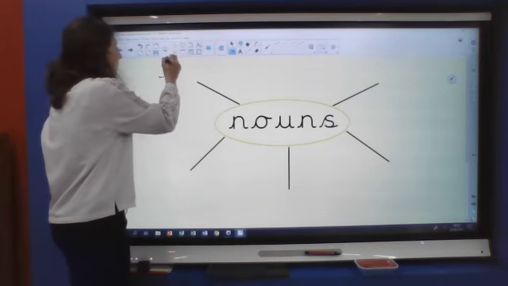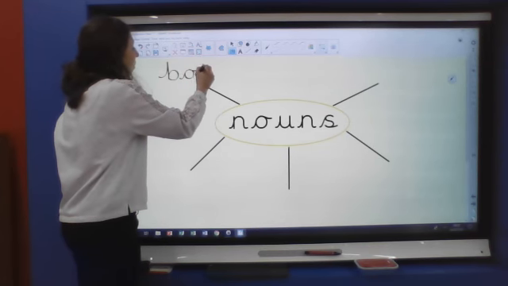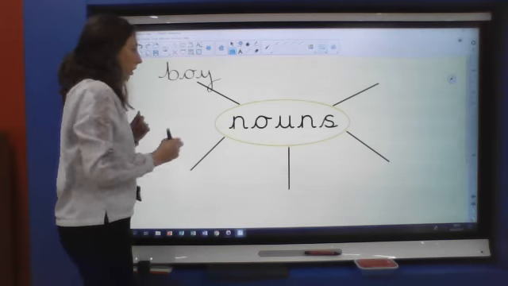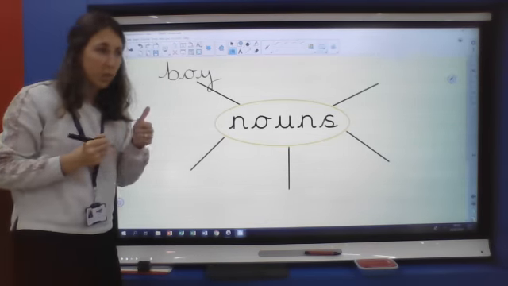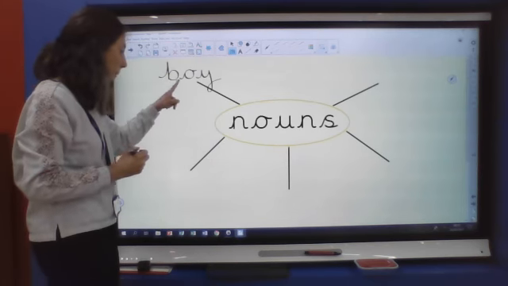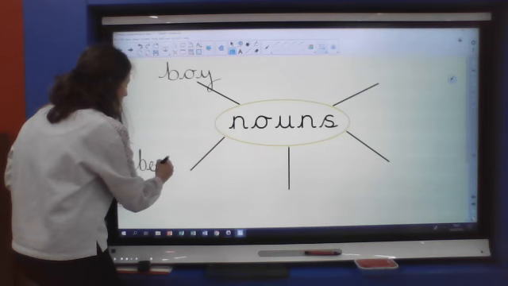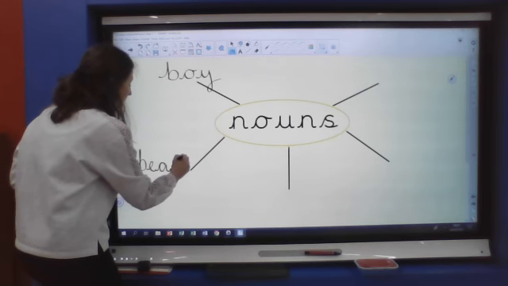Okay, so I thought of boy, the boy. You might need to have your phonics mat with you to help you out with your sounds and your spelling. So boy. I also said beach, beach.